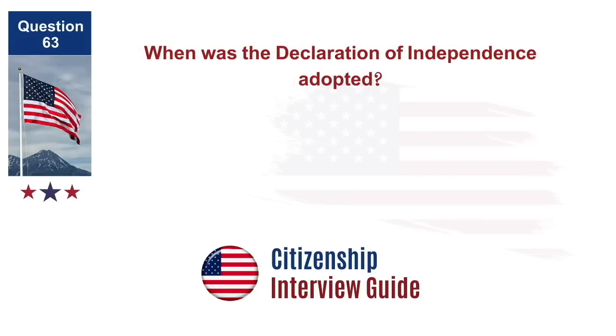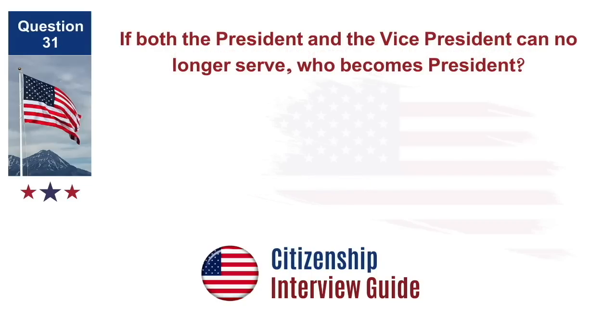When was the Declaration of Independence adopted? July 4, 1776. If both the president and the vice president can no longer serve, who becomes president?